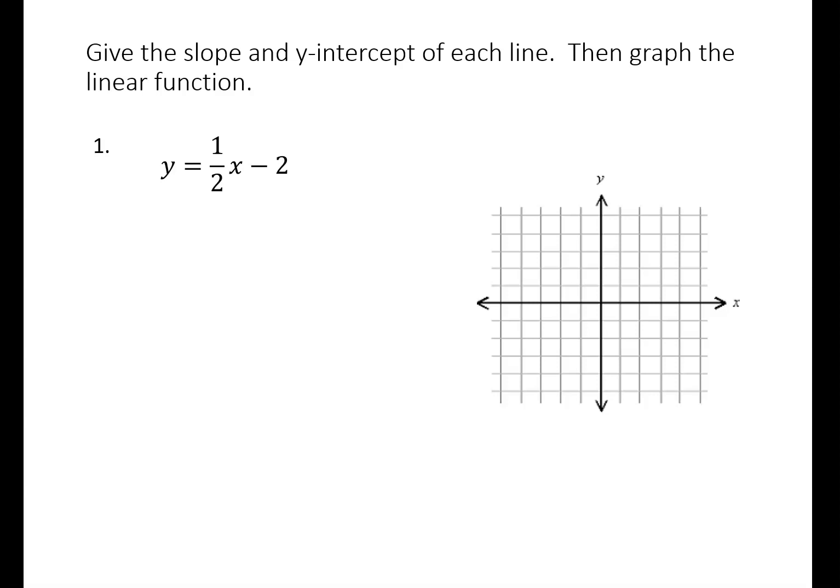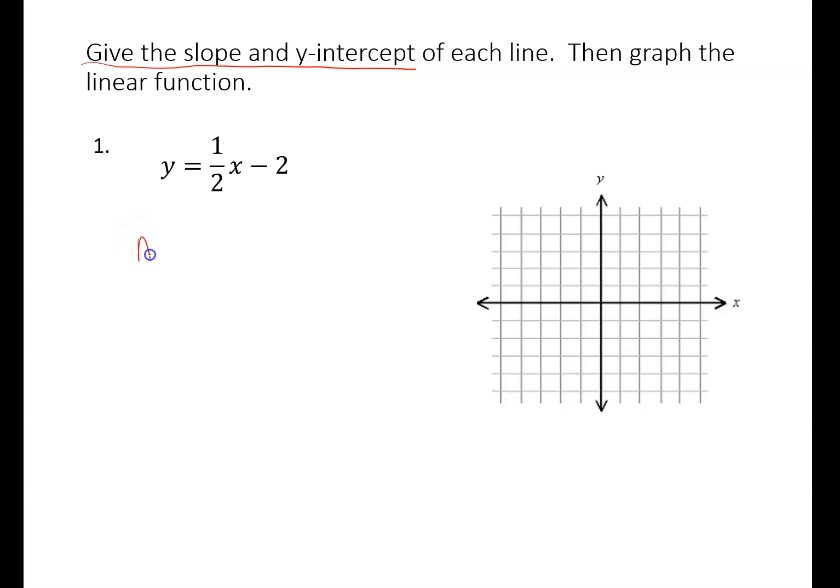So number 1, first of all, check to see if the equation is in slope-intercept form. And it is. y equals mx plus b. Okay, so then we're going to answer this part. Give the slope and y-intercept. Don't forget to write that down.